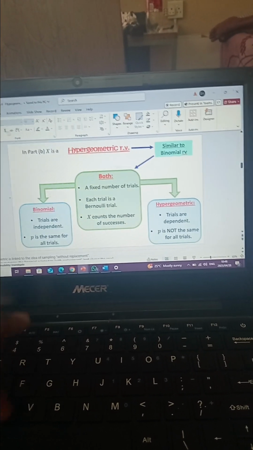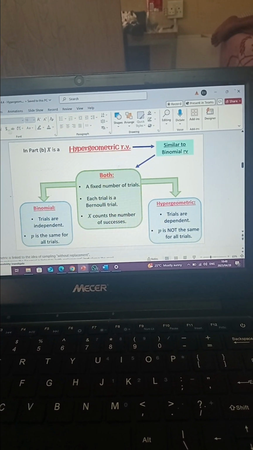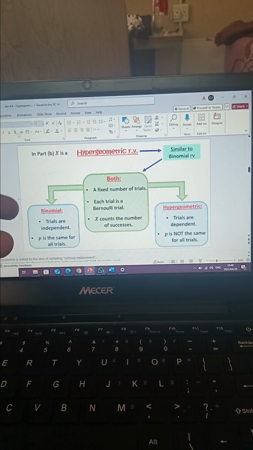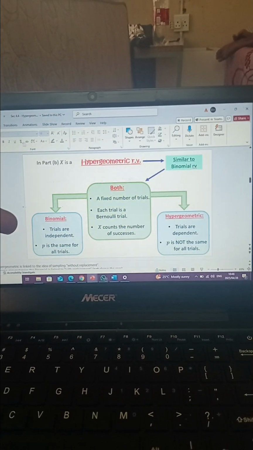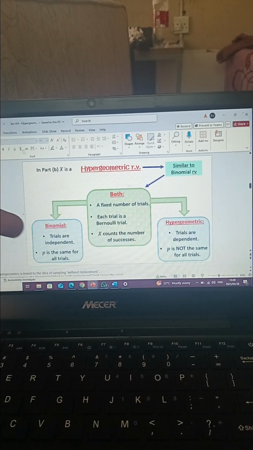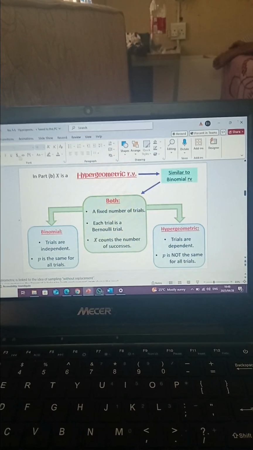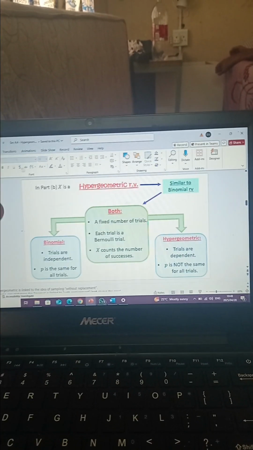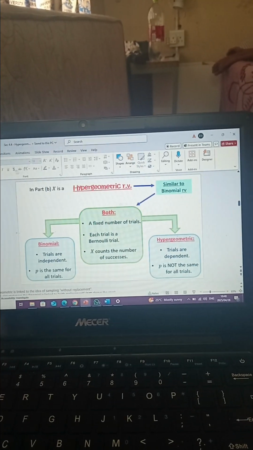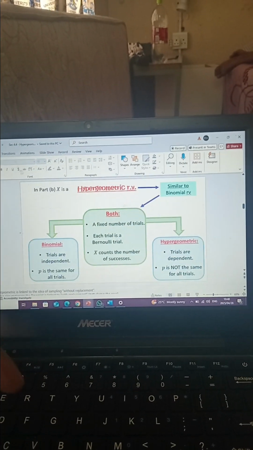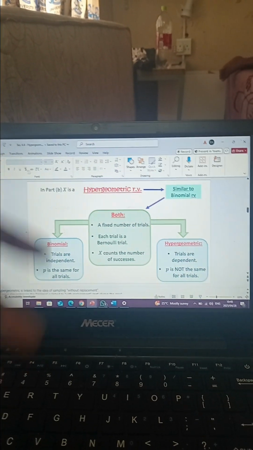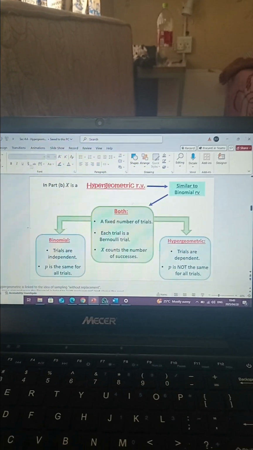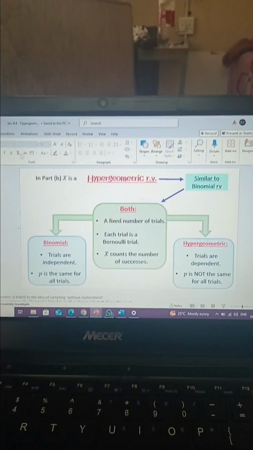These are independent events in binomial. So you know what we're referring to when we refer to independent events. How can we prove independent events? We've already studied how to prove independent events: if the probability of event A times the probability of event B is equal to the probability of A intersection B, then we can say those events are independent.